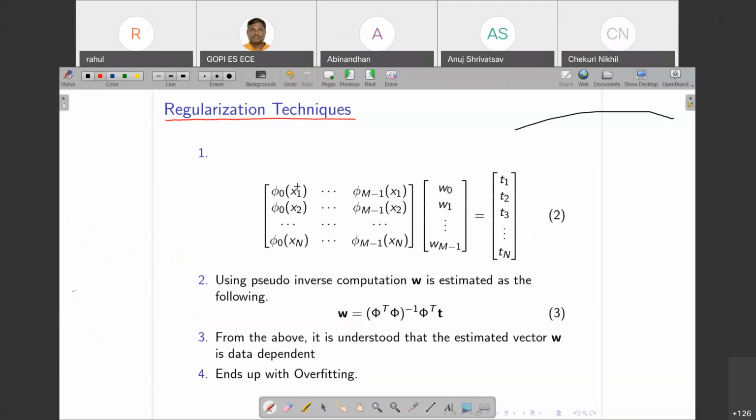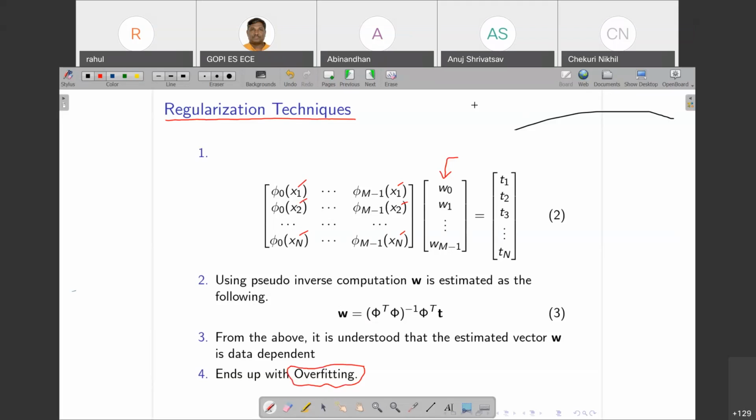Your estimation of the w vector depends upon the training set, so depending on the training data, you get different solutions. That ends up with what is called overfitting. It means it works very well for the training data, but when it comes to the testing data, it may not. So it is not going to generalize well.